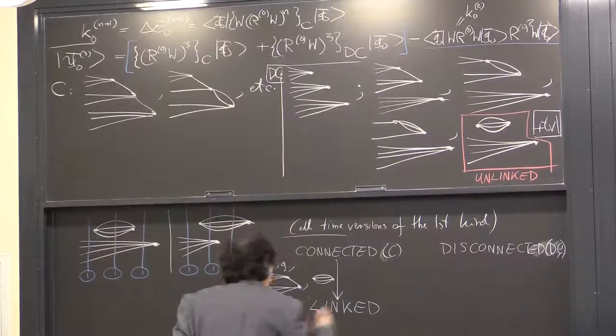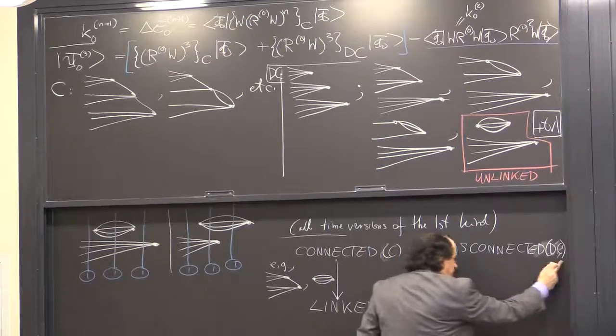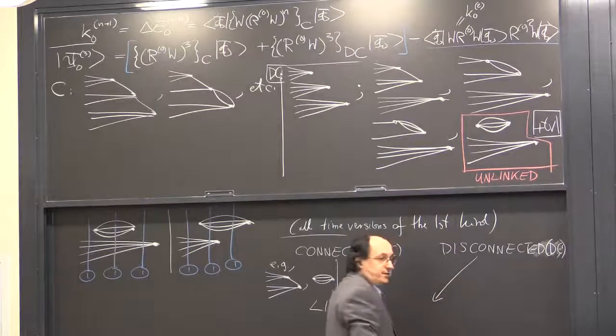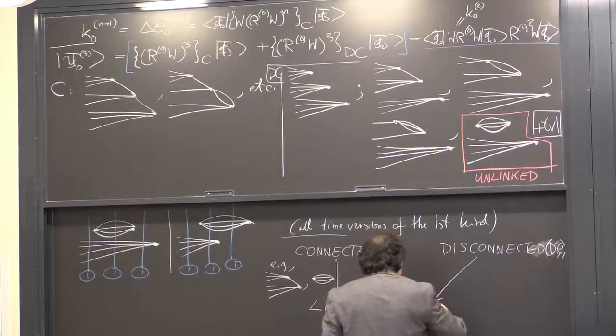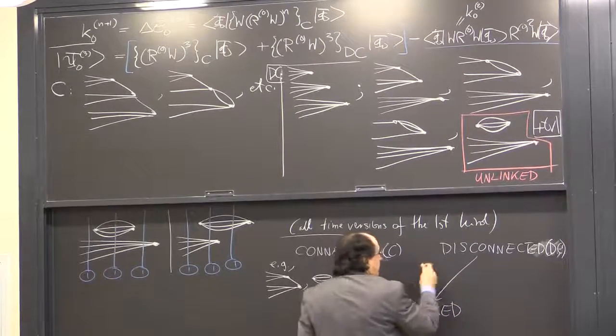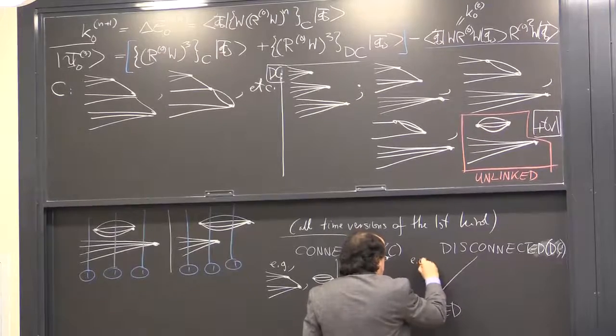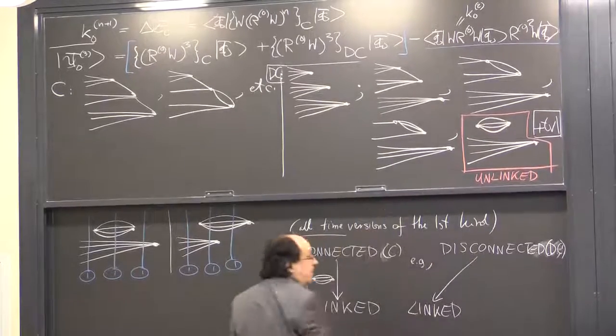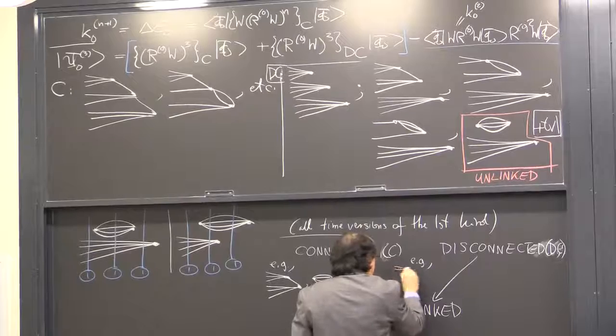So this means that if I look at disconnected diagrams, I may have two types of them. We can have linked diagrams here. An example of a linked disconnected diagram would be, well, we have plenty of them on our blackboard, so I'm going to just pick one.